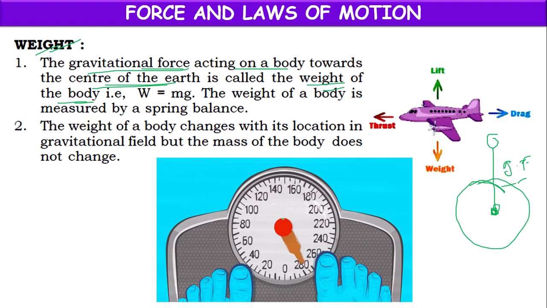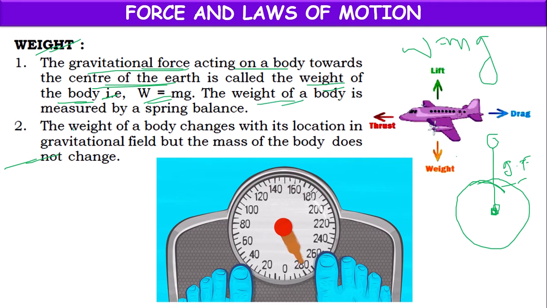All bodies on the Earth have weight only because of the gravitational force. So the formula is W equals mg: weight equal to mass of the body into acceleration due to gravity.